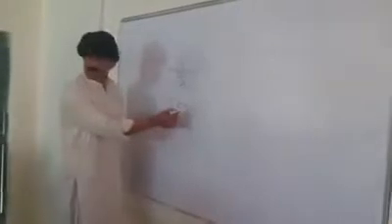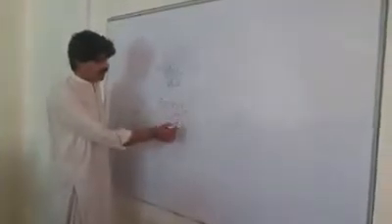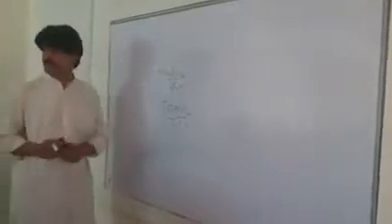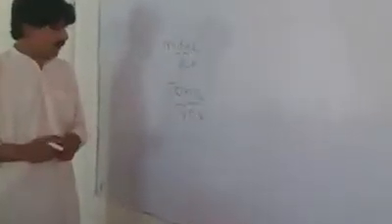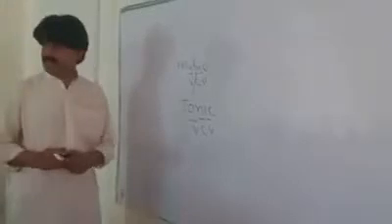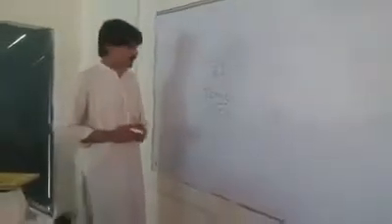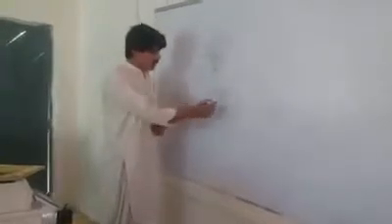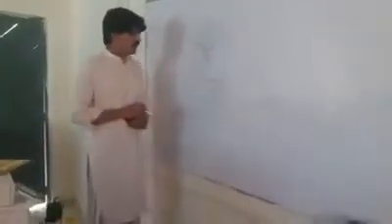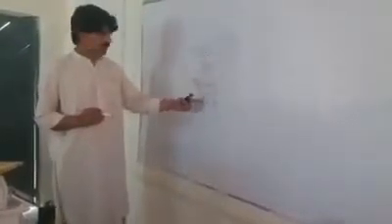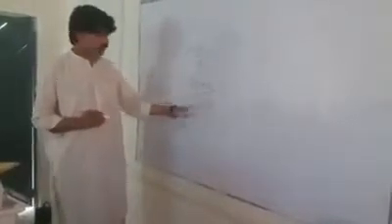N is the consonant, and I is the vowel. So we have one consonant between two vowels. We will divide this word by putting the oblique after the consonant. In the first pattern, it was before the consonant. In this pattern, we put an oblique after the consonant.